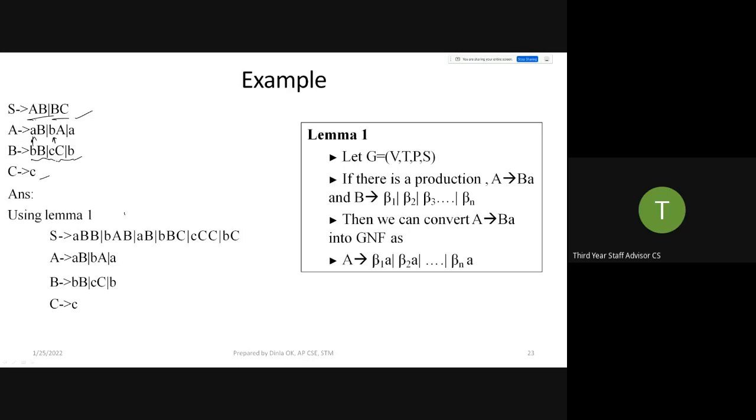So we can convert by substituting, using lemma 1. That is, A has a corresponding set of values. So we can replace the first non-terminal A with these productions. Which ones will come? A implies S implies A. What can we give for A?